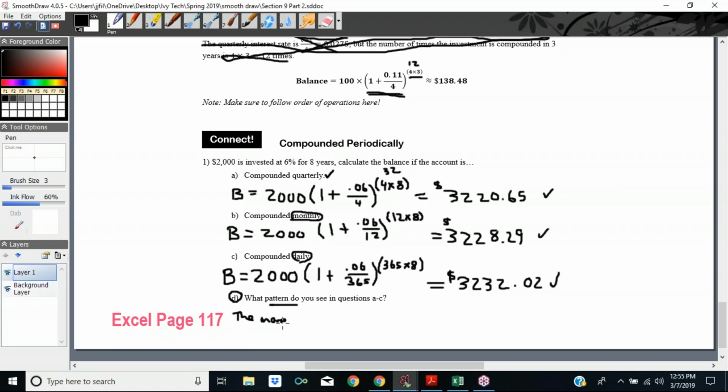The more times you compound, the more interest you earn, right? And that's for a given time period.